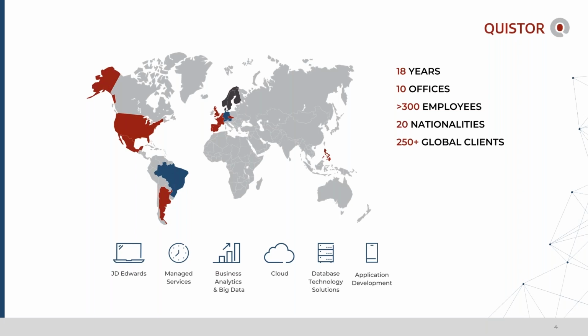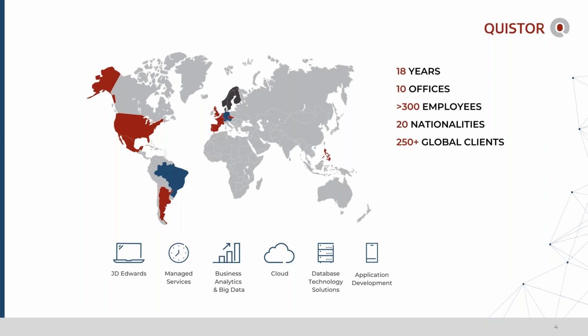We do everything around your hardware, software, clouds, and whatever. We have a huge business analytics and big data unit. In cloud, we are one of the number one OCI partners in Europe for Oracle, and a lot on database technology servers, and lastly application development.